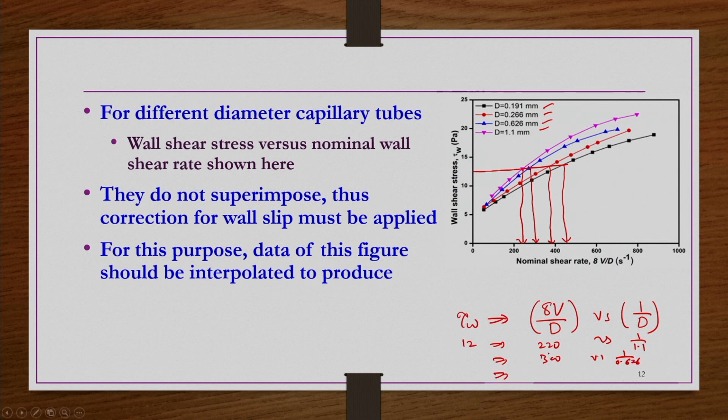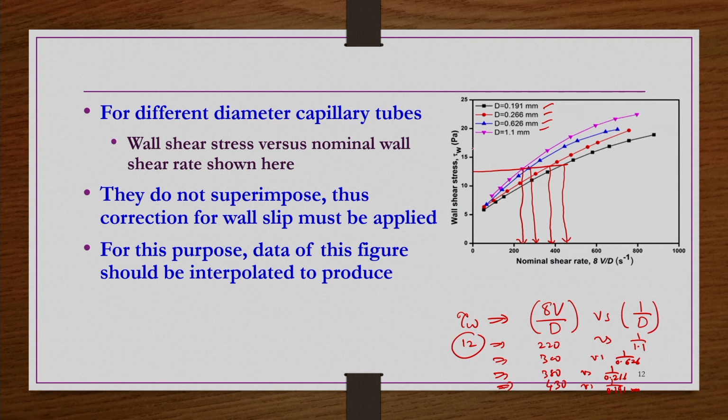When D is equal to 0.266 mm, it is roughly 380. And then when it is 0.191 mm, it is roughly 430. Right. This is what you get for one tau W.